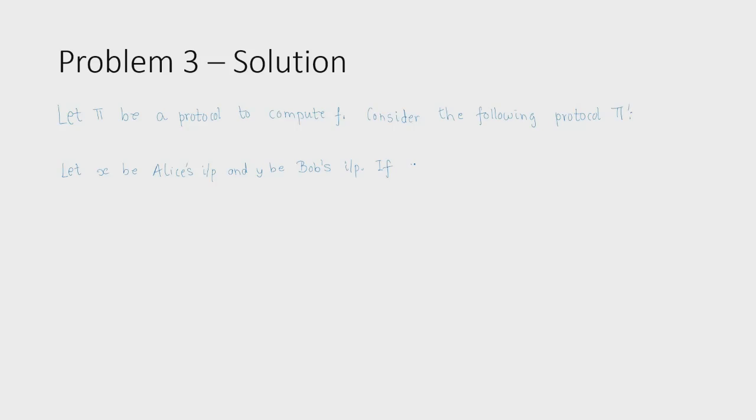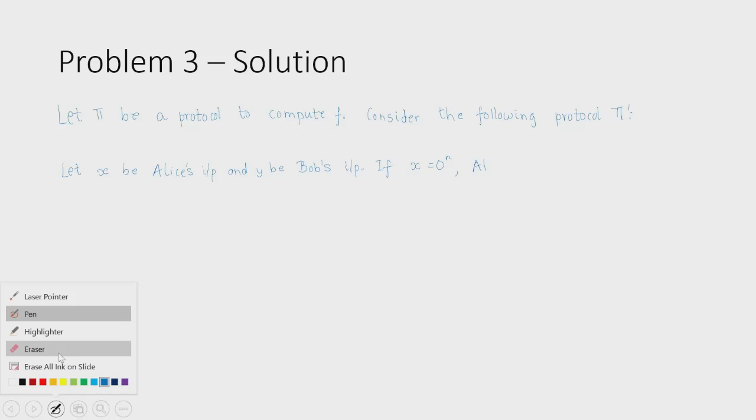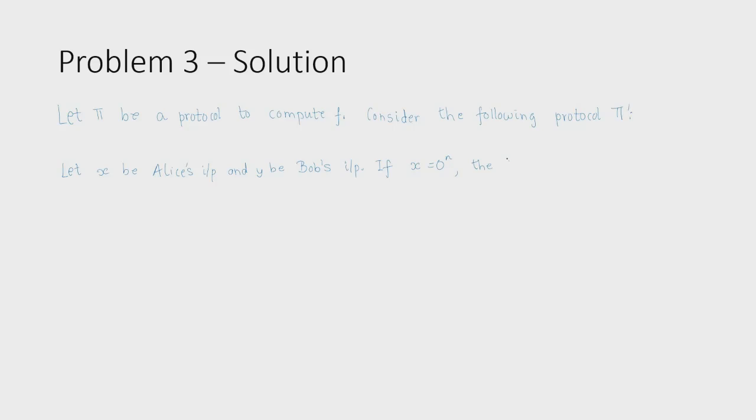If X is equal to 0 to the n, the first message that Alice sends to Bob is 0. Otherwise, it is 1.